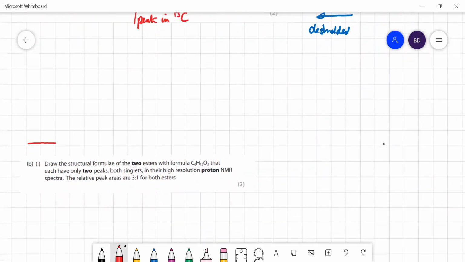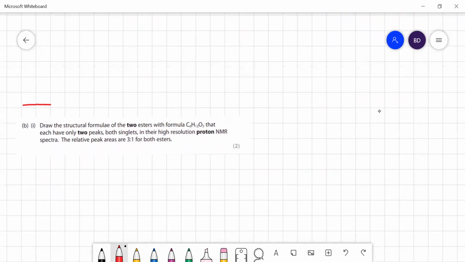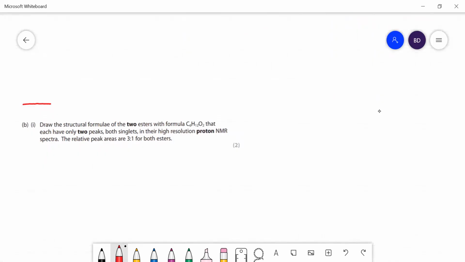Okay, draw the structural formula of 2 esters with the formula C6H12O2 that only have 2 singlet peaks in the 1H NMR. Now that is an awful lot of protons, 12, to give only 2 peaks. So you're going to have a lot of protons which are equivalent. That always makes me think of methyl groups: if you have methyl groups attached, those protons are all going to be the same.